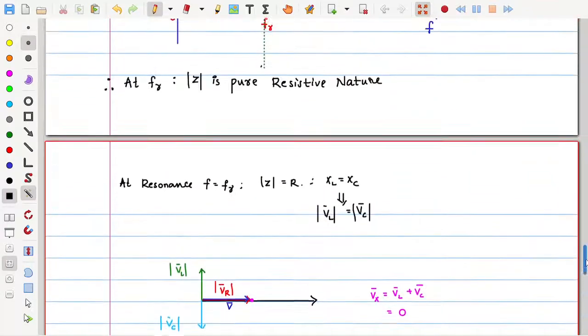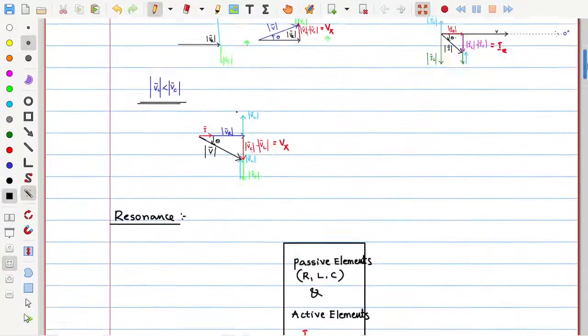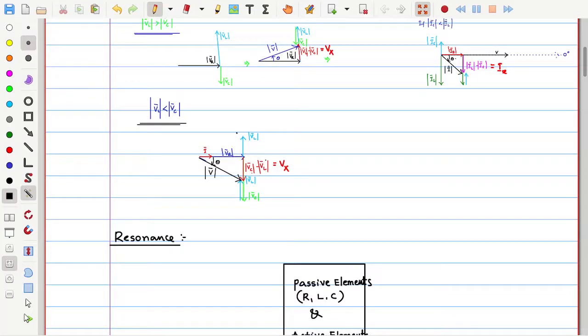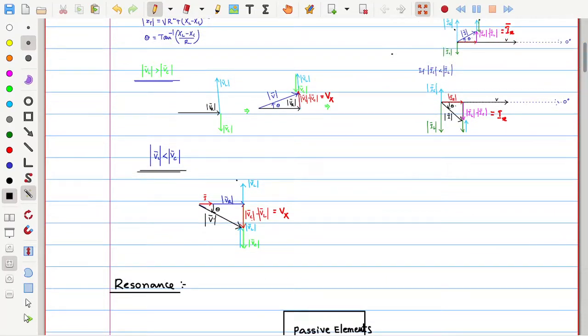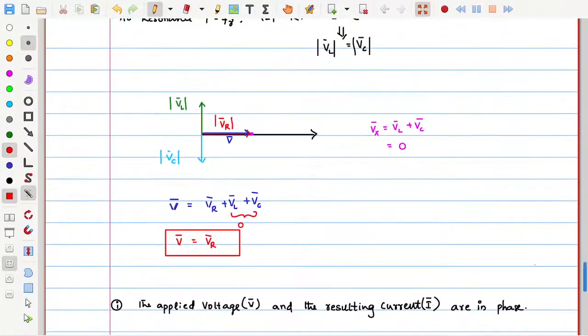Previously we usually saw that here, this is the net voltage V and net current I, and between these there is some angle theta. Here also, net voltage and this red color one, which looks like current, have some angle theta between them. But under resonance condition the angle has vanished.